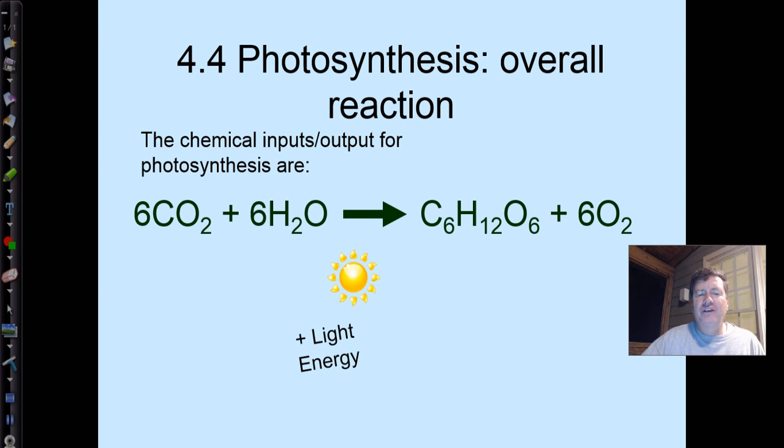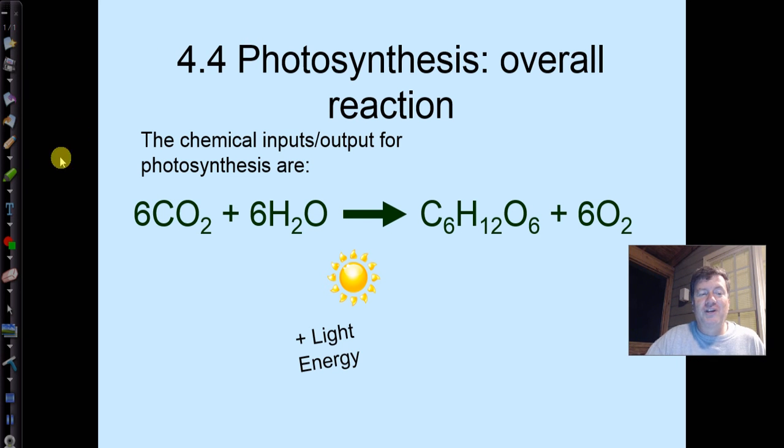Again, this is the overall reaction for photosynthesis, and I'm showing this to you again for a particular reason. Look carefully at this equation, and you should see something kind of weird and cool about this. Do you see it? It is the opposite of cell respiration.